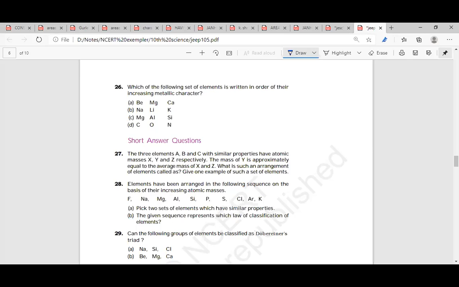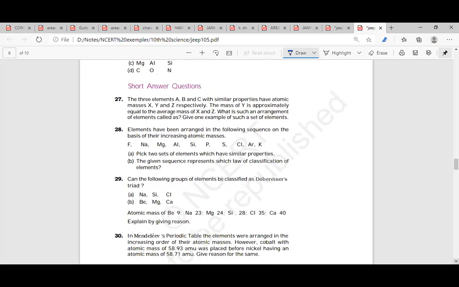Newland's octave. Every eighth element has a property similar to that of the first one.